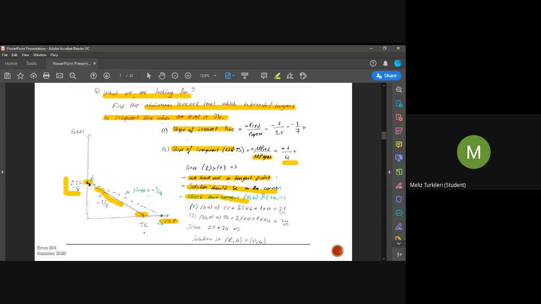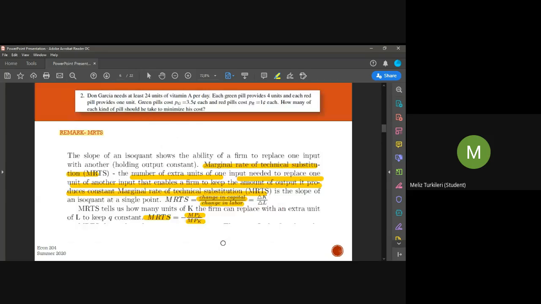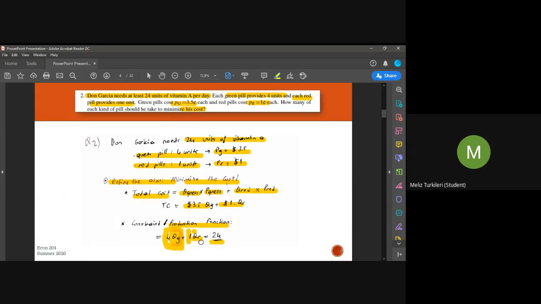We know that this part is equal to 6. Okay, how can I find this? Think about this part. If the quantity of red is equal to 0, then the quantity of green should be equal to 6.